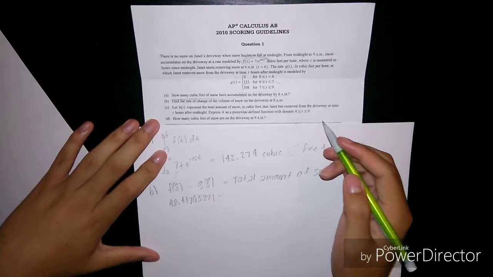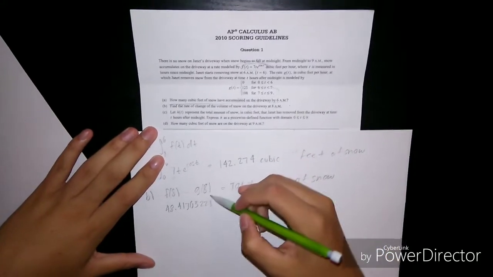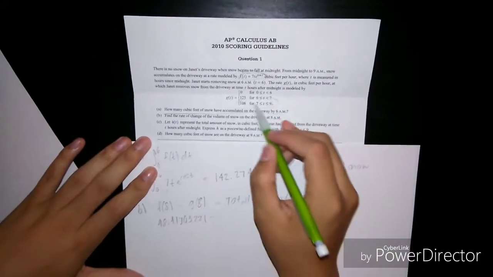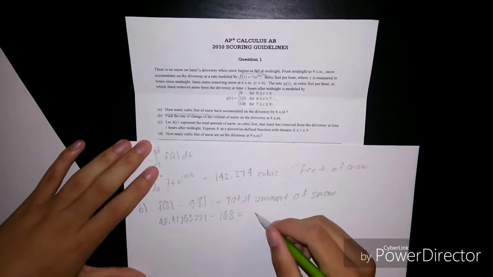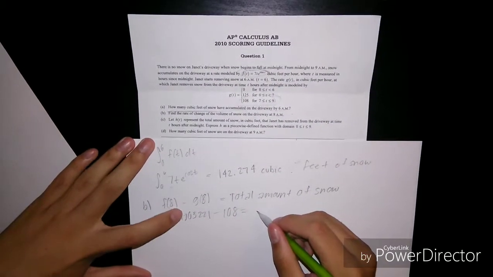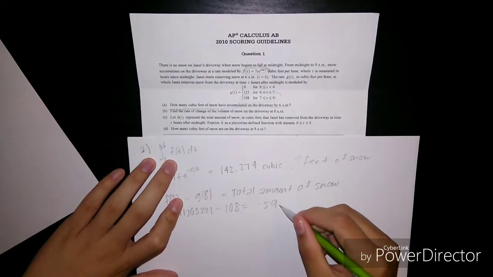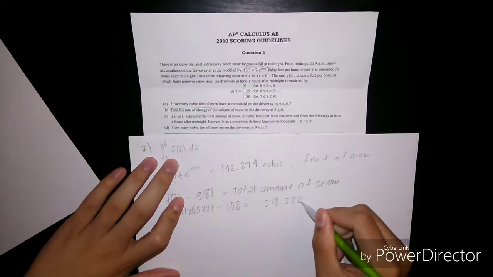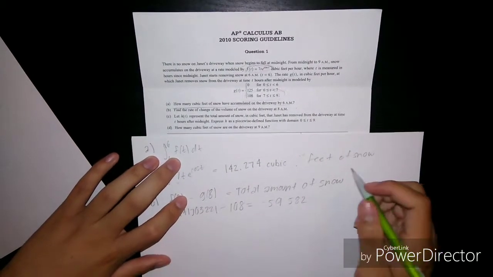Then subtract the amount of snow that Janet removed at g of 8, which is given by the model, it is 108. And once you subtract that from the total amount of snow that fell, you will get your answer, which is negative 59.582. So that is the rate of change of the volume of snow on the driveway at 8 a.m.